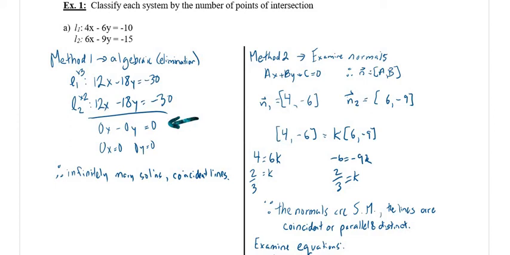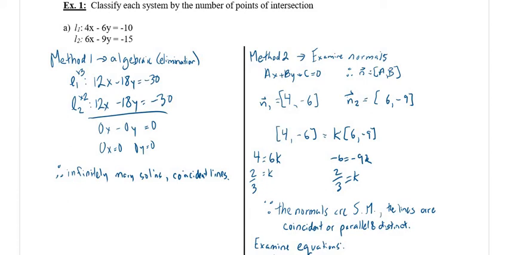Again, we're just asking ourselves, with 0x equals 0, what x values on our line are going to satisfy that equation? And really, it's just saying what x values multiply with 0 to give you 0. And the answer is all of them. So all of the x values are going to satisfy our system of equations, and all the y values are going to satisfy them. So they're coincident and infinitely many solutions.